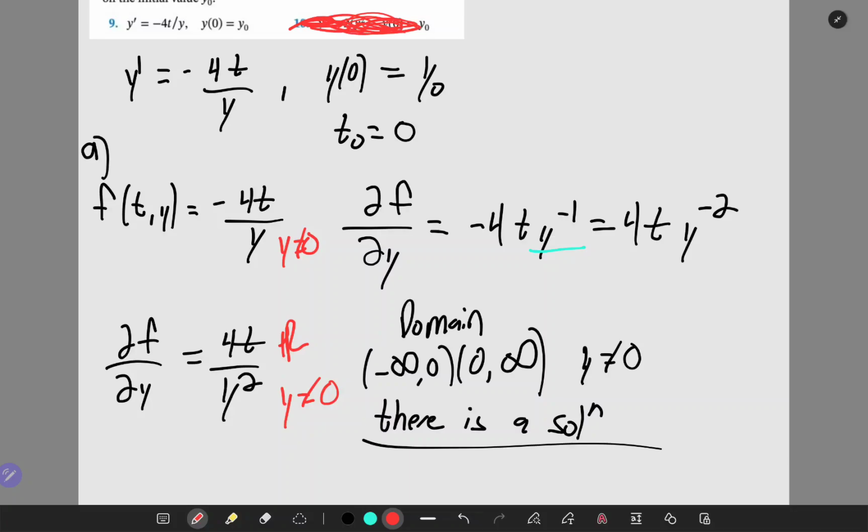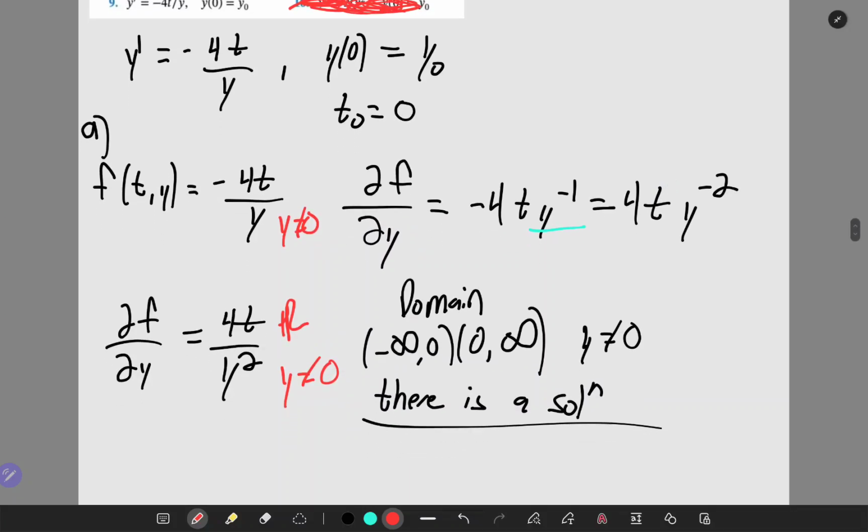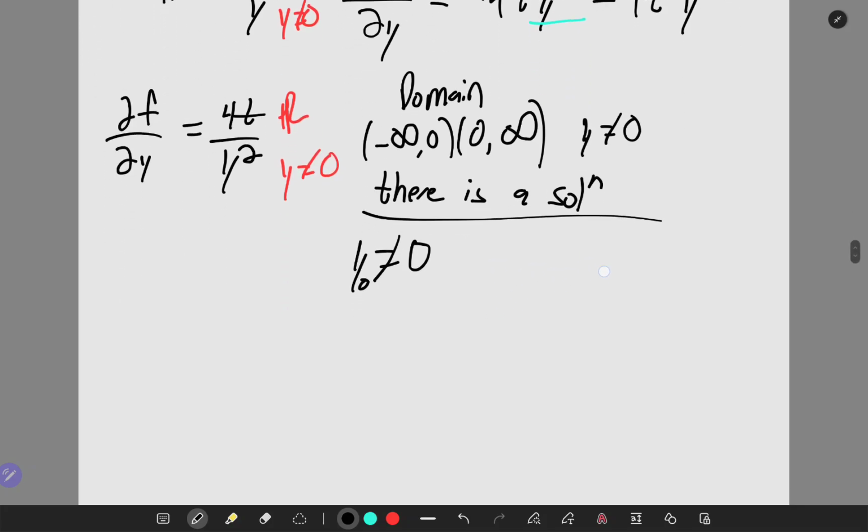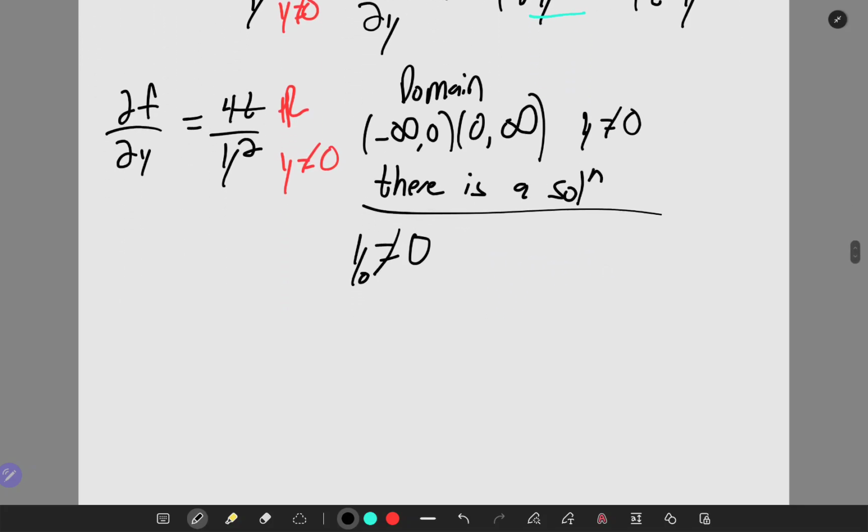So as long as y naught does not equal 0, we're not given y naught, but we know that y naught cannot equal 0. There's going to exist an interval within t so that the functions are continuous in the rectangle. So now that we have shown that there will exist a solution to this problem, we can now move on to solving it. So let's rewrite this.